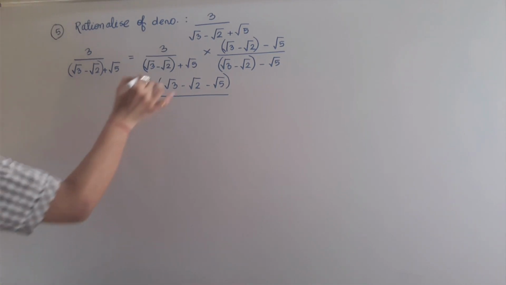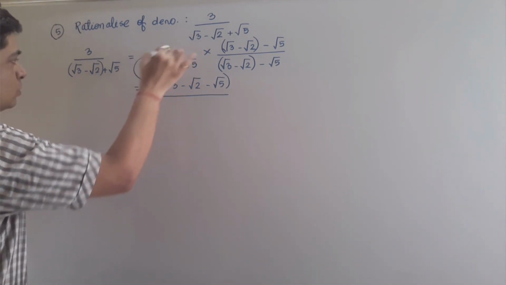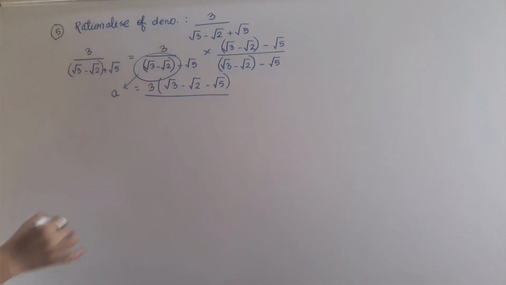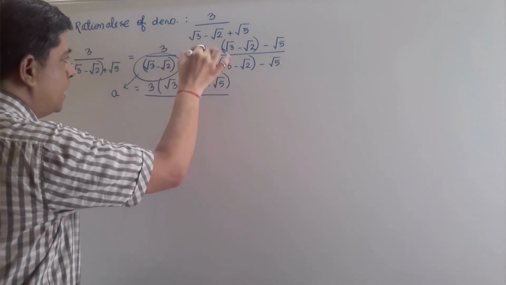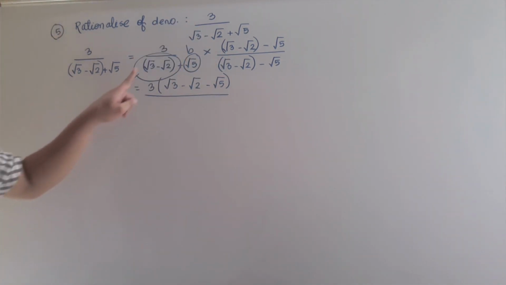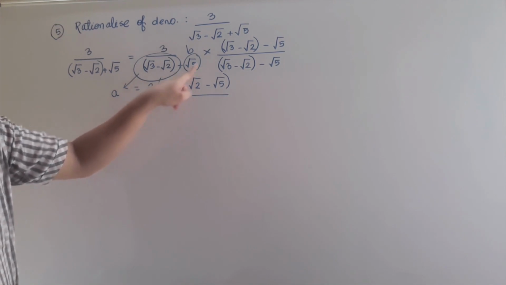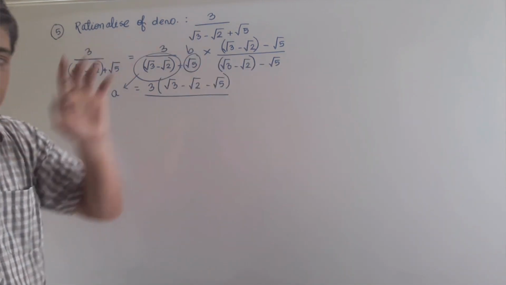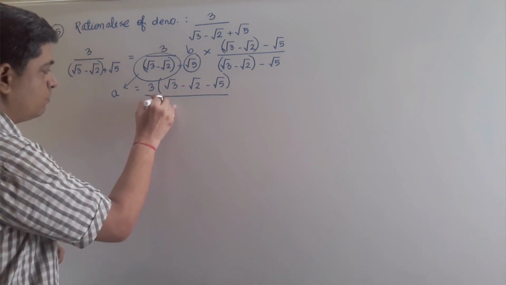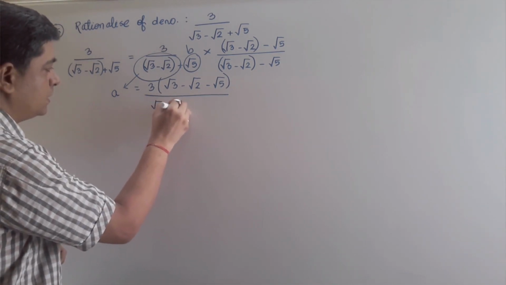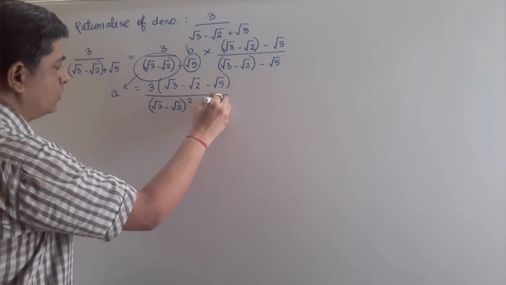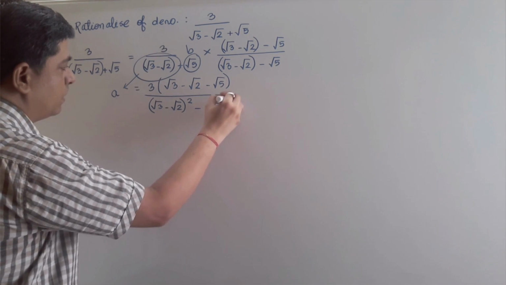Now this particular term root 3 minus root 2 I am taking as A, and root of 5 I am taking as B. So my terms are in the form of A plus B into A minus B. You know the formula: A square minus B square. So A here is root 3 minus root 2 whole power 2, minus under root of 5 whole power 2.